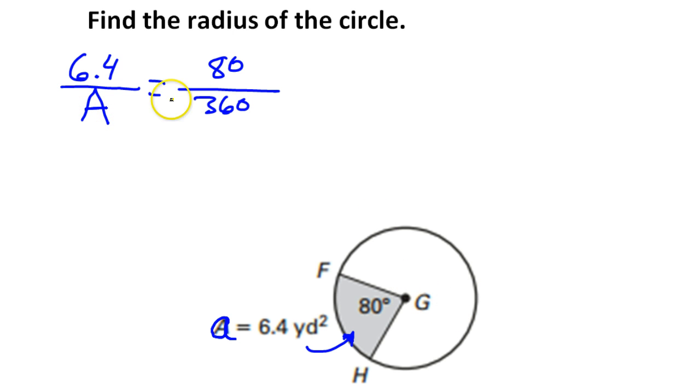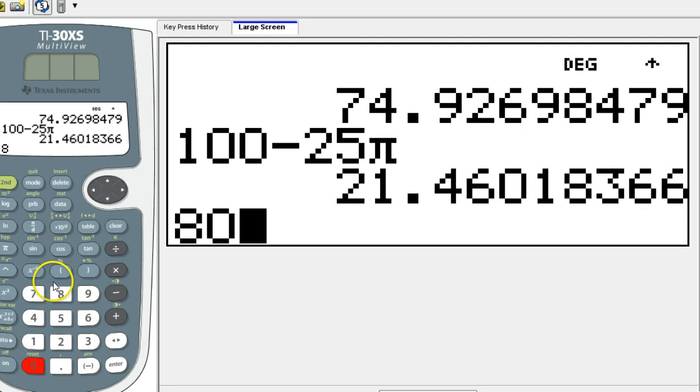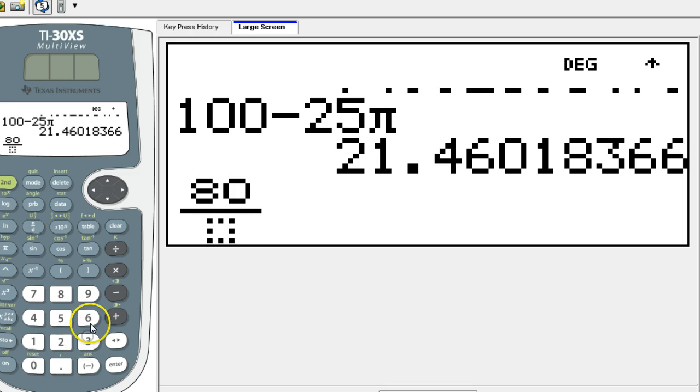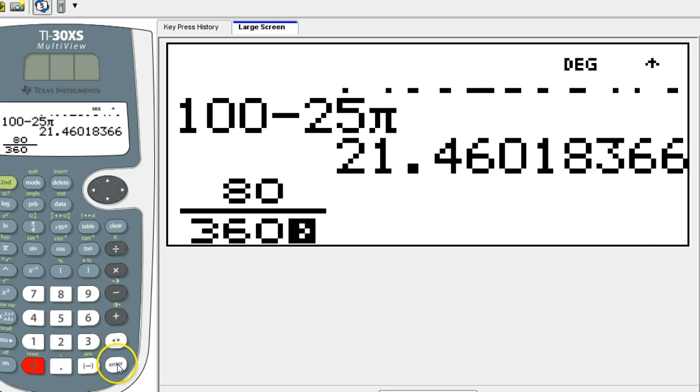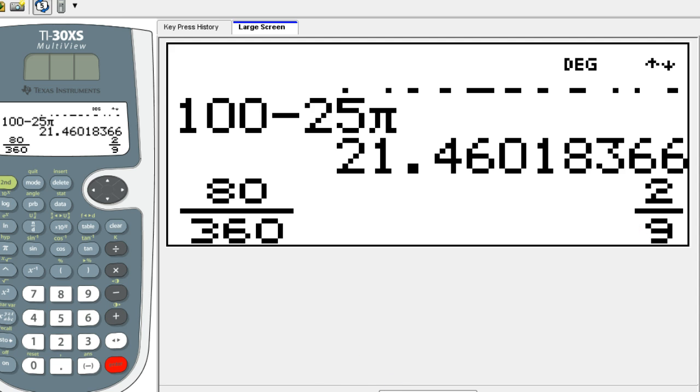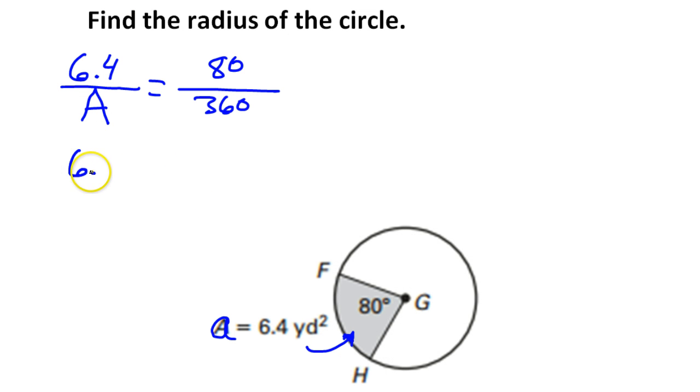Let's find the area of the whole circle, and then we'll use that to find the radius. So 80 over 360 is 2/9. So I've got 6.4 over the area of the whole circle is equal to 2/9.